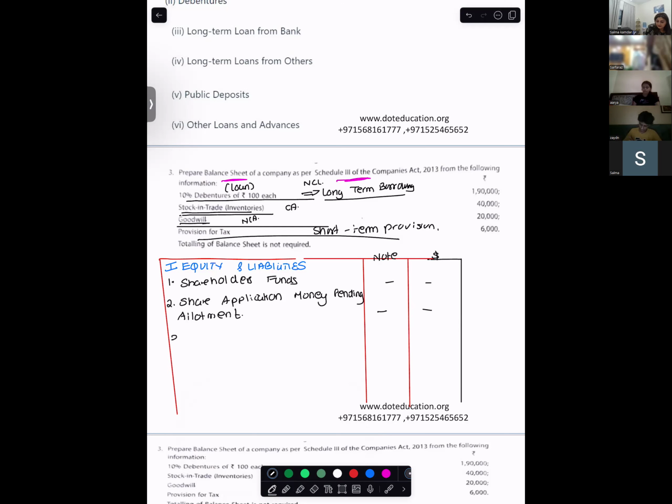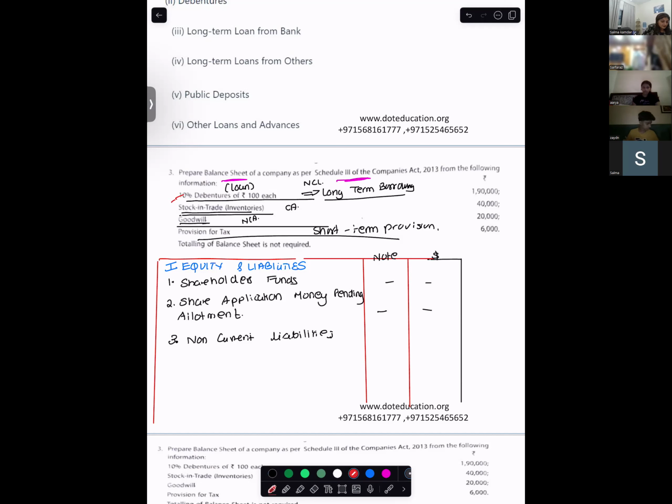Number 3 is what? Non-current liabilities. Do you see any non-current liabilities? Yes, we get 10% debentures.